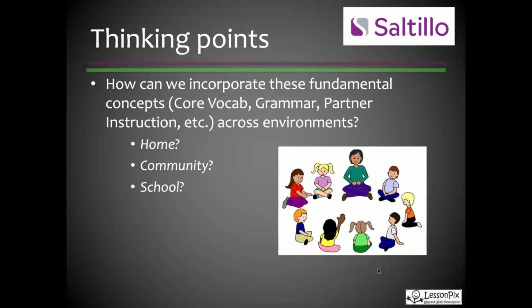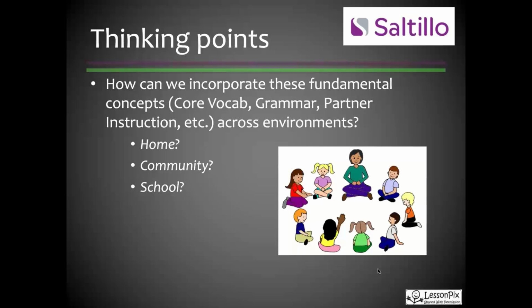Now, the other thing that we want to do, because I said we can start these with storybooks, is that as clinicians we are always thinking about generalization into other communication environments, other communication functions and communication partners.